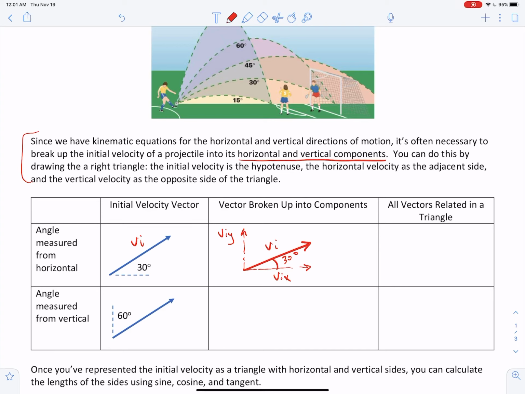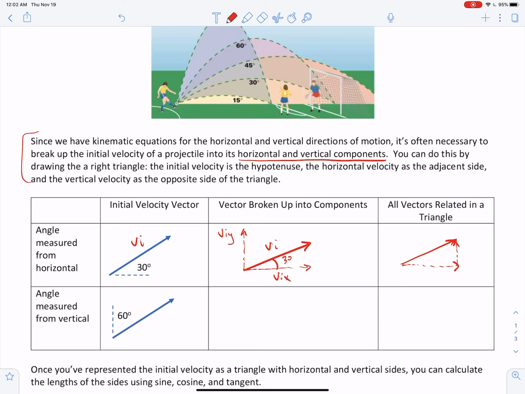So doing a little bit of trigonometry, we're going to essentially take this vector here and move it over to this side of the triangle, and we're going to redraw. So what would that look like? You'd have now the original vector here, and then you'd have the horizontal component coming out this way and the vertical component coming this way.